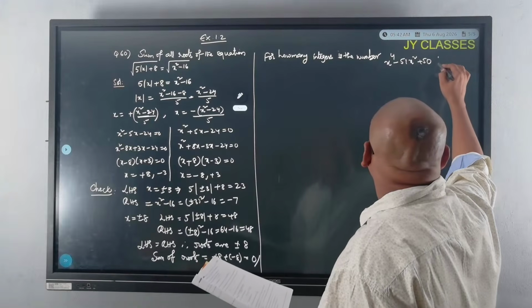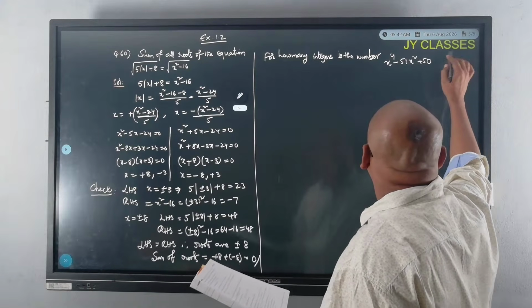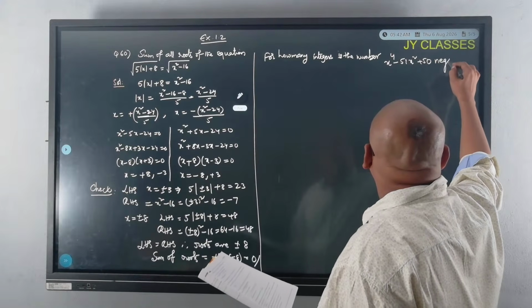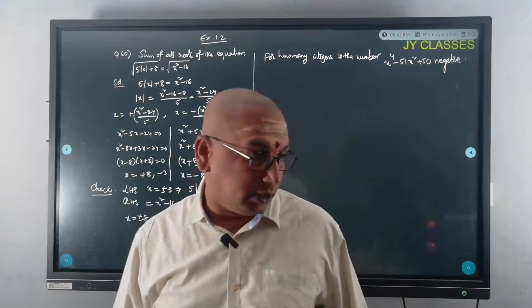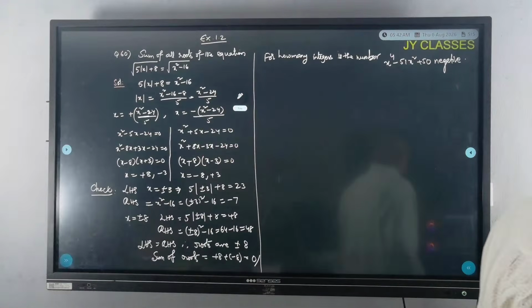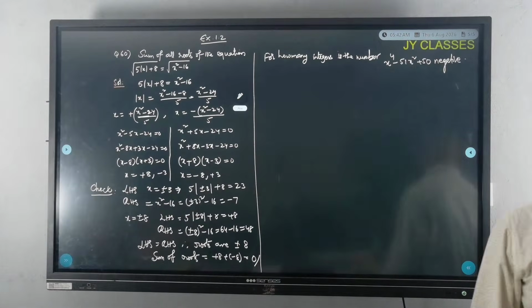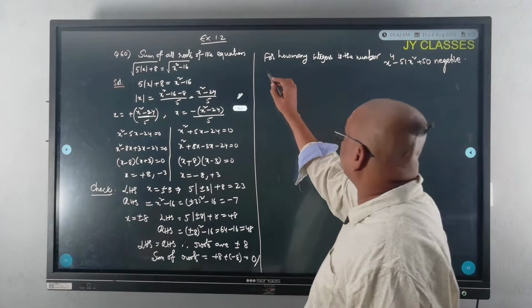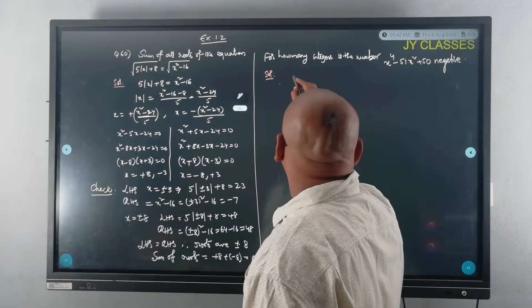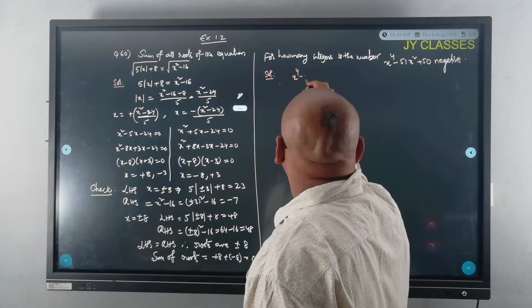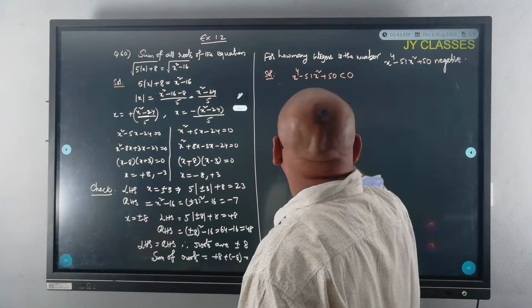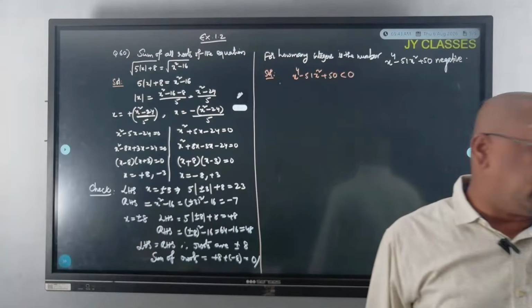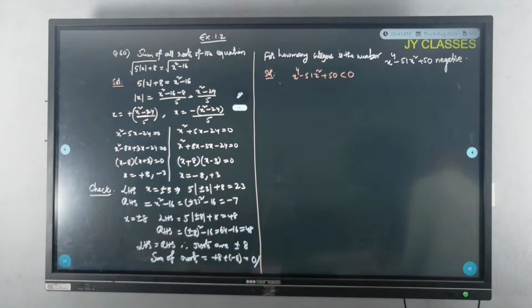Is the number negative? That is the question. Try. Factorize. It is to be factorized. x power 4 minus 51x square plus 50 less than 0. Now it is to be factorized. Factorize.